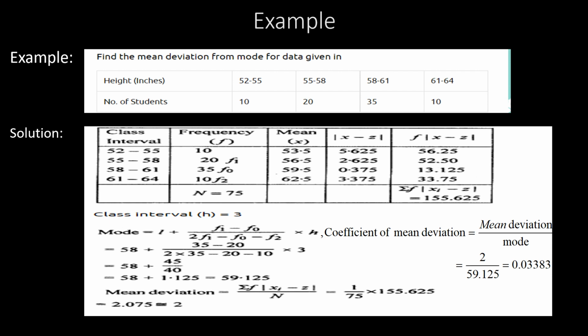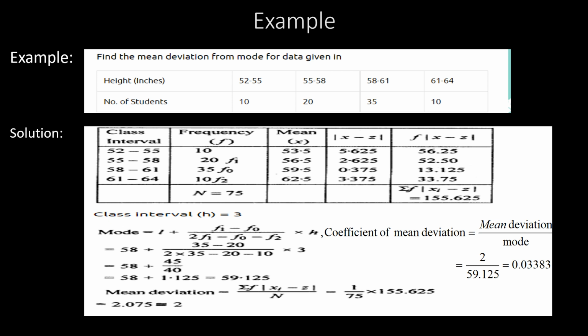The frequency F1 is the highest frequency value in the frequency column, which is 35, and the preceding value is F0 and the succeeding value is F2. Here F0 is 20 and F2 is 10. Substituting all these values into the formula, you get the mode value as 59.125.